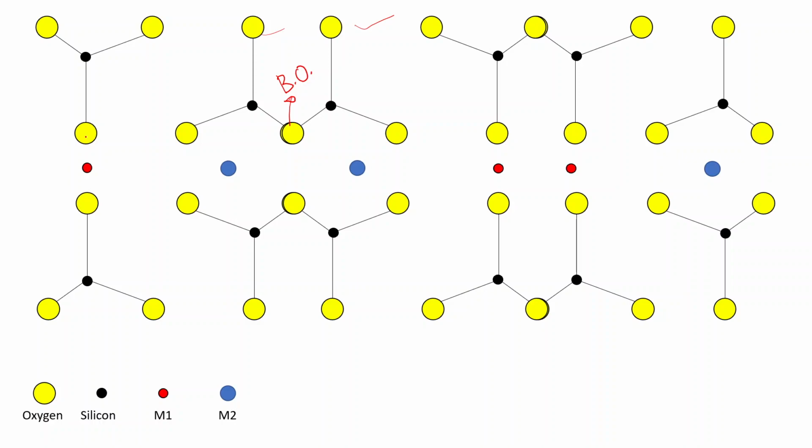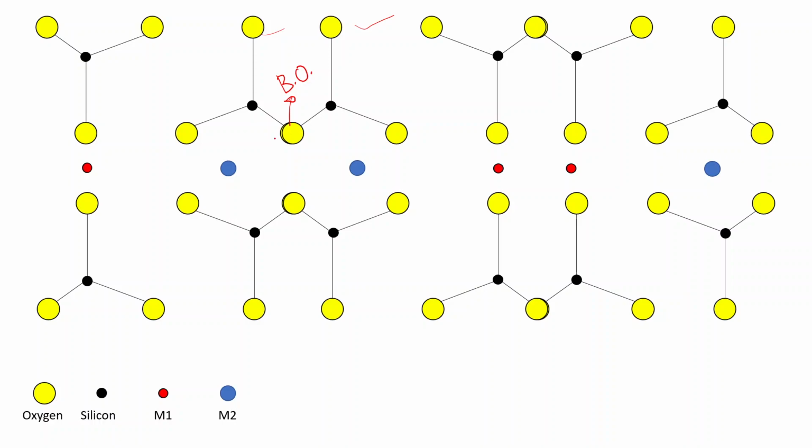M1 is between the apex of the two tetrahedra, while the M2 sites are between the base of the tetrahedra.